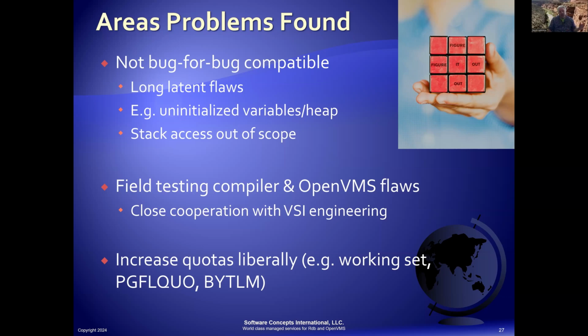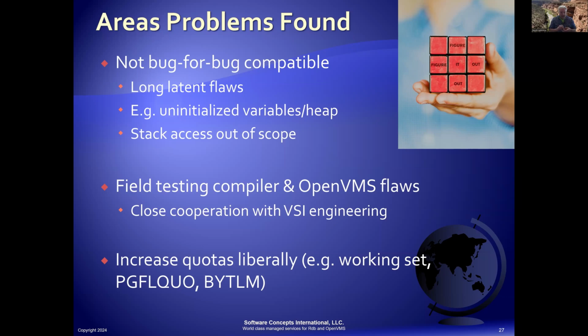We found all sorts of problems along the way with flaws in OpenVMS field tests, compiler field tests did the wrong thing, and so on. And with our good working relationship with VSI engineering, in nearly every case, those got fixed quickly. There were a couple of them that took, I don't know, over a year to fix.